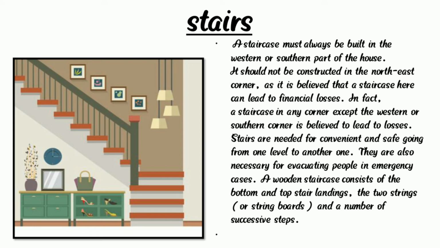Because we move from one place to another, from one level to another level, and it is used for safe going. So children, everyone understands about stairs because we all have stairs in our home and we are all familiar with stairs.